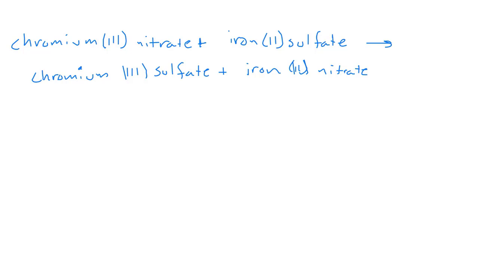So that was our question stem. Let's go ahead and convert that into a chemical equation. So what should that be? We know chromium has a +3 charge. It's a transition metal, so they've given us a charge of 3. How many nitrates do we need to balance that? So we're going to need 3.